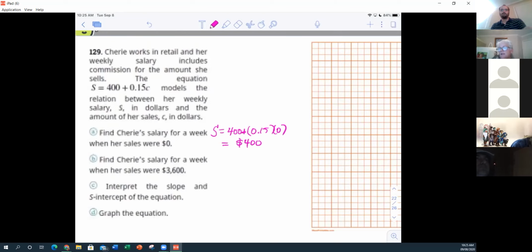And then it says find Sherry's salary for a week when her sales were $3,600. She would make $940.